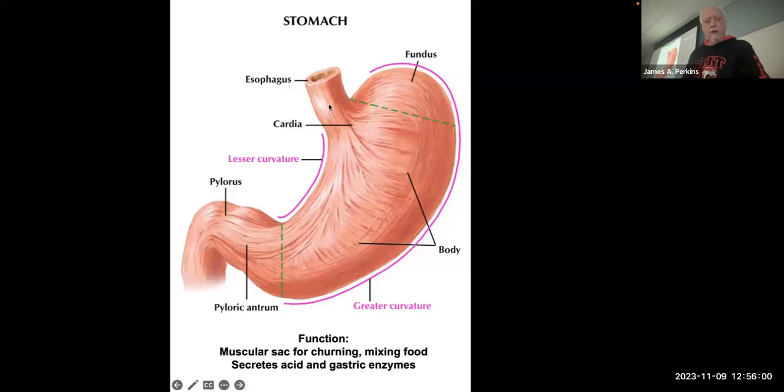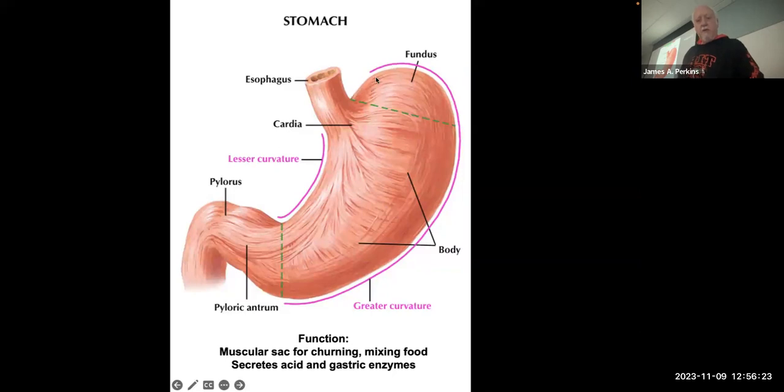And the esophagus then enters into the stomach. The point where the esophagus enters the stomach is known as the cardia, named for its close proximity to the heart. The heart sits right above the diaphragm, right in this same area. And there's a little valve in there, sometimes called the cardiac valve or just the esophageal valve.